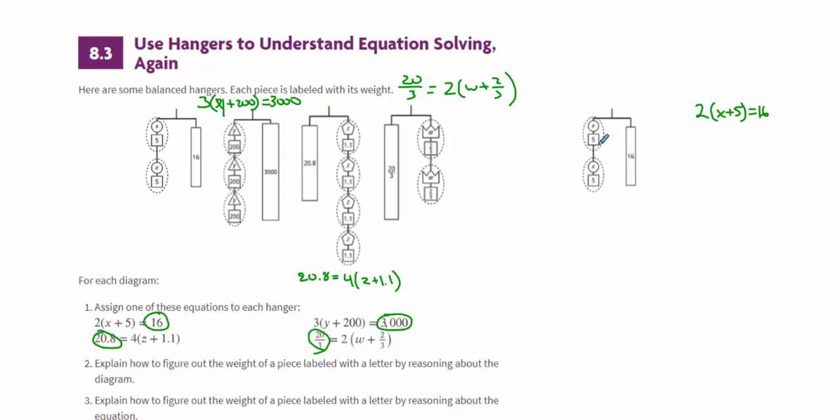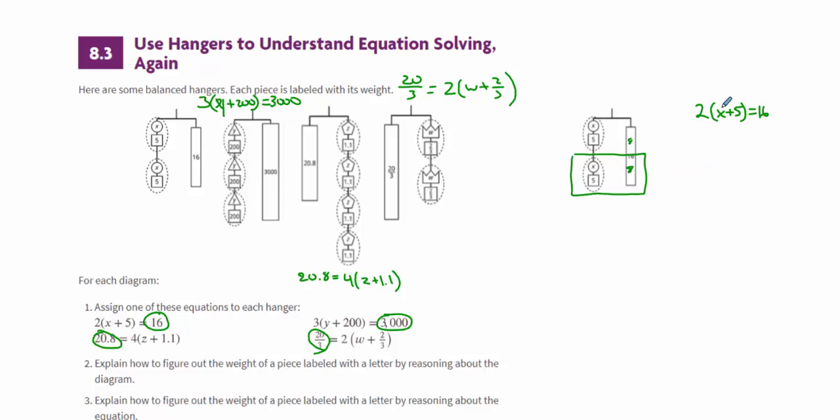If I were thinking about this diagram, I have x plus 5 and another x plus 5. So that must mean if I cut this into 2 equal pieces of 8 over here, then each of these 8s is going to equal an x plus 5. And how would that look over here?